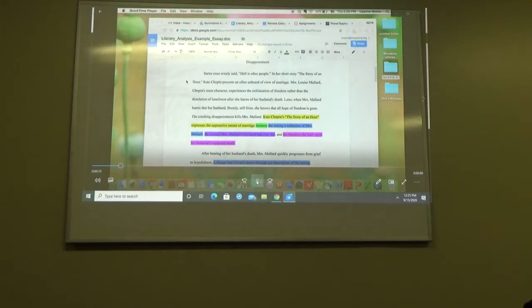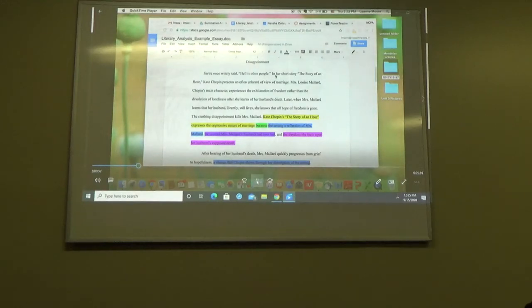So let's just talk about the components or the parts of a good literary essay. So the first thing you want to do is start with a hook. So this is a quote from someone famous. Sartre once wisely said, "Hell is other people." And this is a quote that foreshadows what the essay is going to be about.